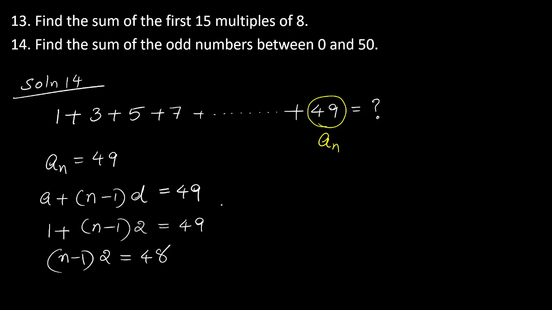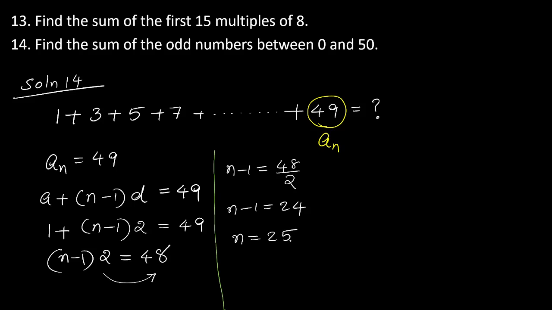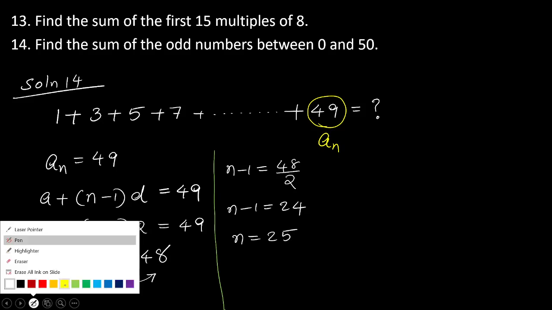In the next step, what we can write in the next step? The 2 go to other side. N minus 1 equal to 48 by 2. N minus 1 equal to 24. Or n equal to 25. Number of terms will be 25.